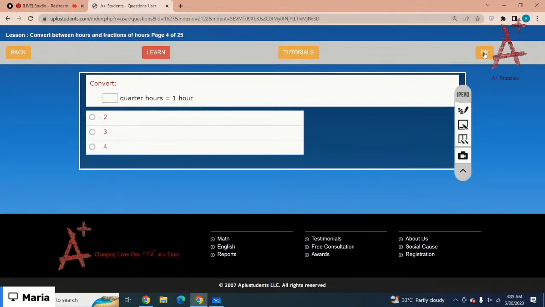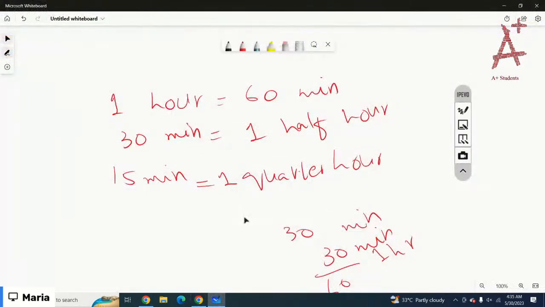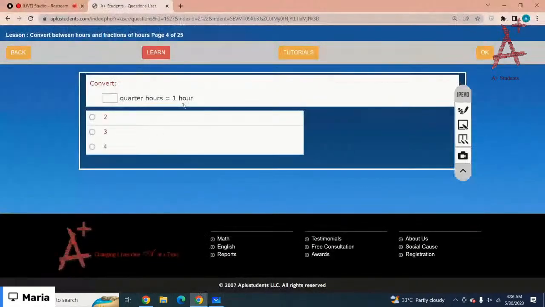One hour equals how many quarter hours? 2 quarter hours means 15 plus 15. And 4 quarter hours means 15 plus 15 plus 15 plus 15, and together they make 60. So 1 hour equals 4 quarter hours.